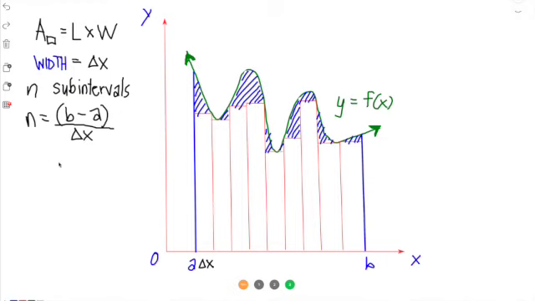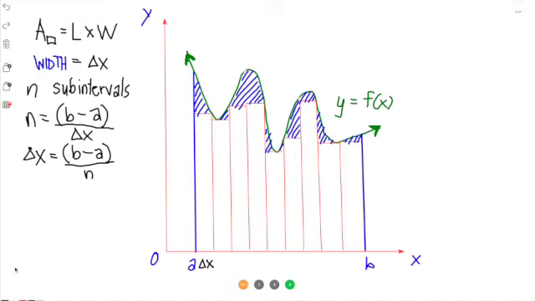Or we can rearrange this equation and find the value of each delta x by this equation. So b minus a divided by whatever number of subintervals you wish, whatever n you wish. That would be the measurement of delta x. So that is for our width.